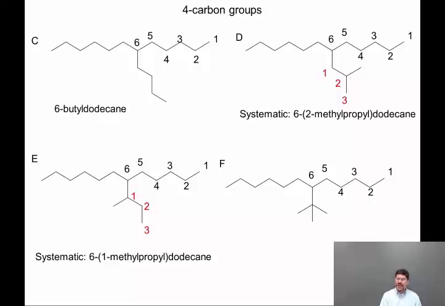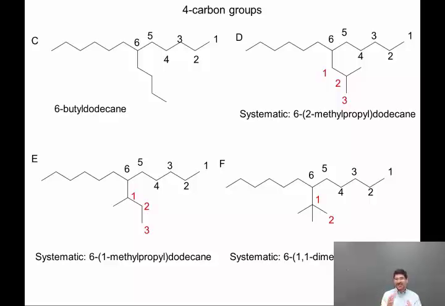All right, what do we do with F? Well, the longest branch is only 2 carbons long. Coming off of carbon 1 are 2 methyl groups. So now we're pulling all of these rules together in coming up with the name. So that group is, again, 6, and then in parentheses, 1,1-dimethylethyl.